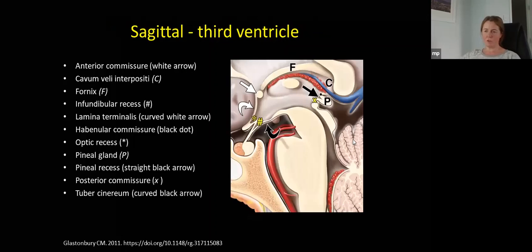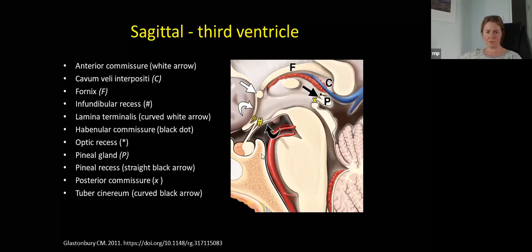I thought I would show you the sagittal of the third ventricle. It's probably something that you as neurosurgeons are very familiar with. As radiologists, we don't look at the sagittal third ventricle in many cases, we obviously do in aqueduct stenosis, but I'm going to just go through the structures here.